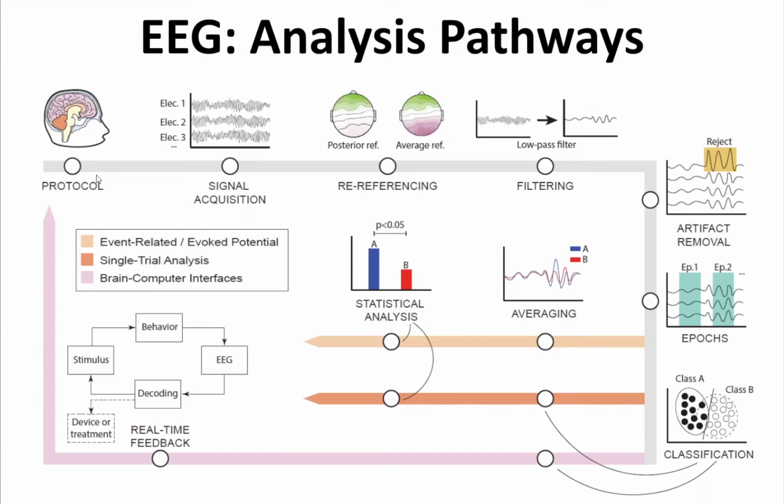So these types of analysis pathways are all there, but how do newcomers and how do people perhaps less familiar with EEG enter into this either for the first time or to understand what's going on in the literature?